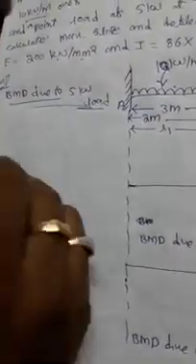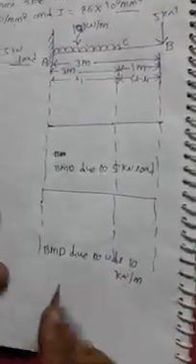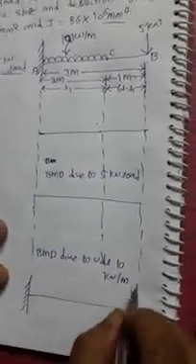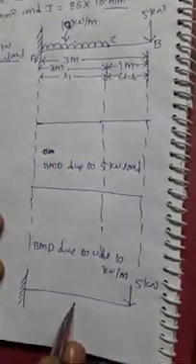First, the BMD values due to the 5 kilonewton load. For the 5 kilonewton load, you can assume the diagram like a cantilever beam with only the 5 kilonewtons, without the UDL, with the point load acting at the free end.